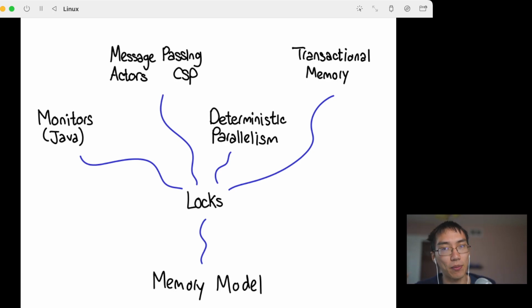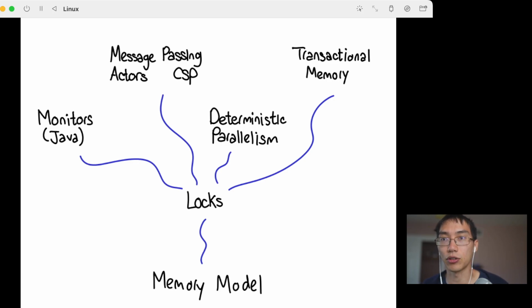I've got my silicon, it's got multiple cores on it, accessing the same main memory. If I feed it a bunch of instructions on the cores executing at the same time, I need to be able to say something about what actually can happen. Because if the answer is that anything can happen when you have concurrent programming, that's just not useful. We wouldn't be able to program cores in this way.